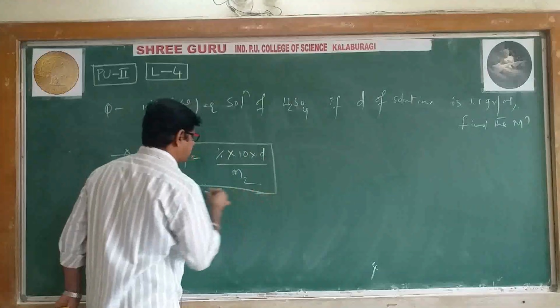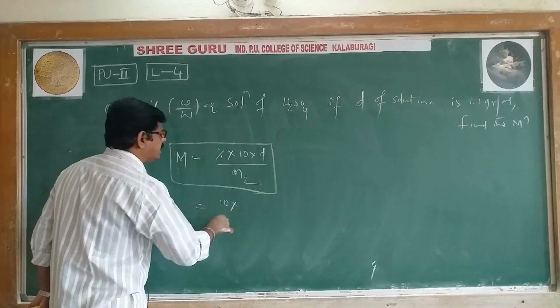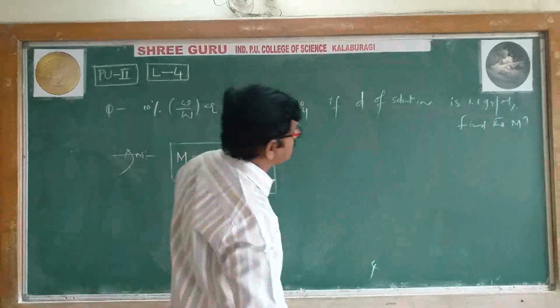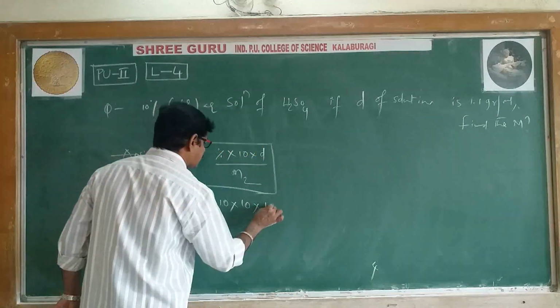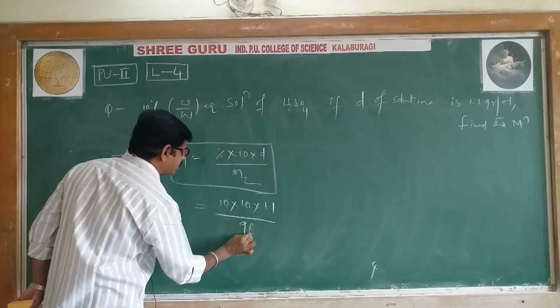Remember, here the mass percentage is given, a temperature-independent term, that's why we have to use the density factor to get molarity. That equals percentage 10, into 10 again, into density of solution 1.1, divided by molar mass of solute 98.